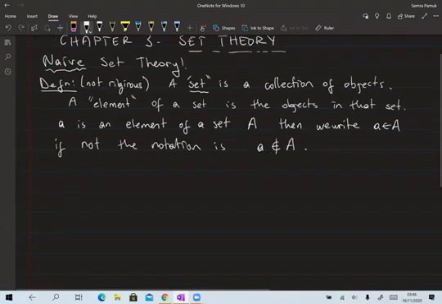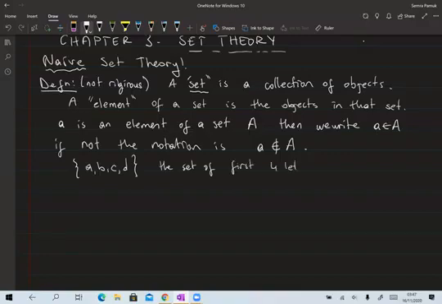In primary school, I think you learned two ways to represent a set. One of them is the bracket notation, listing all the elements. Let us say a, b, c, d, the set of the first four letters of the alphabet, and you list it here like this.